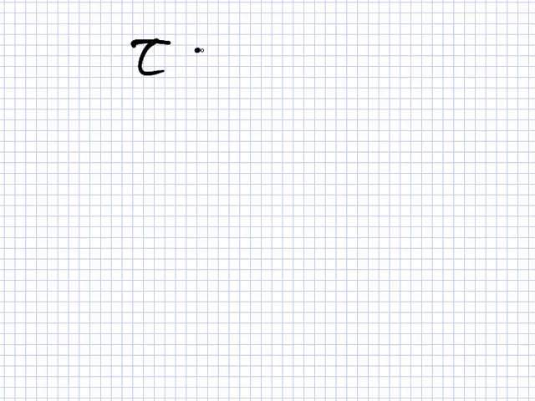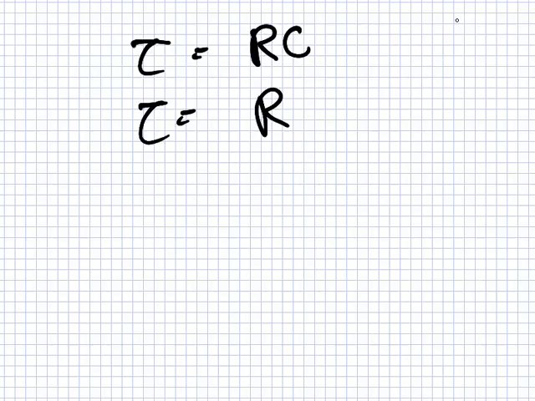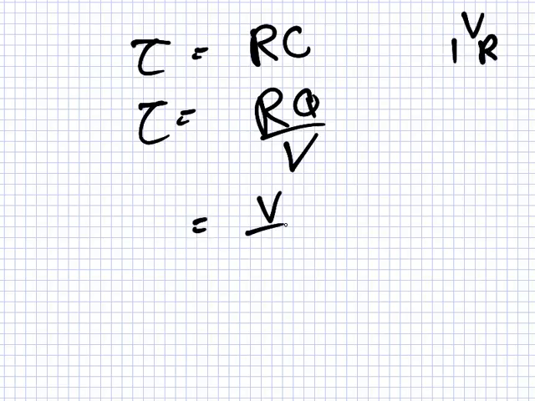Time constant equals R times C. But what's the formula for C? Q over V. Yeah, and if we think about V = IR, what could we say for R? V over I. And then remember we have the formula Q equals IT. Did we do that formula?